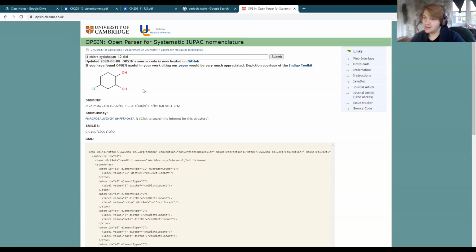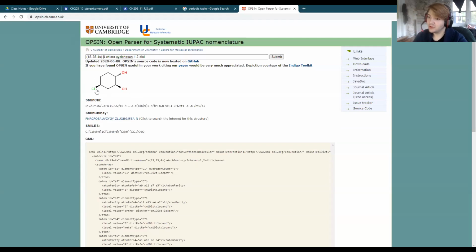It doesn't tell us anything. Versus when I put in the stereochemical designators, what do you notice? Oh, they're there now. So now I can tell what the 3D nature of the molecule is. So that's why we use the Cahn-Ingold-Prelog system, because it's a way of saying put a dash bond there, put a wedge bond here. And what we'll do in a second is we'll go from name to structure.